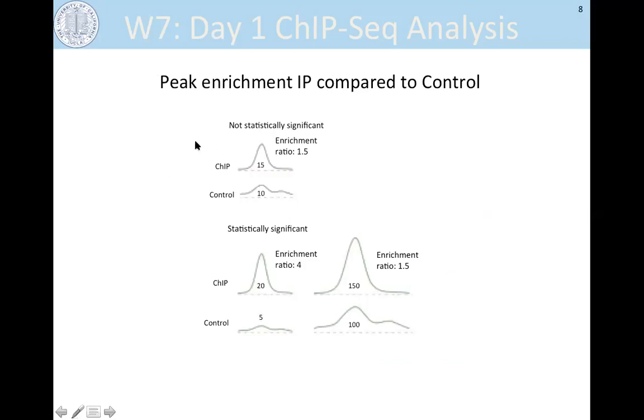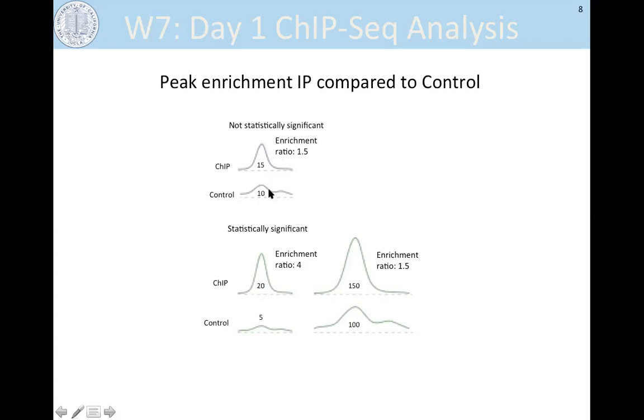depends on how many reads you have in those specific genomic locations. So for example, let's say you have a site in your ChIP DNA with 15 reads aligning there. So you have something that looks like a peak compared to neighboring sites.